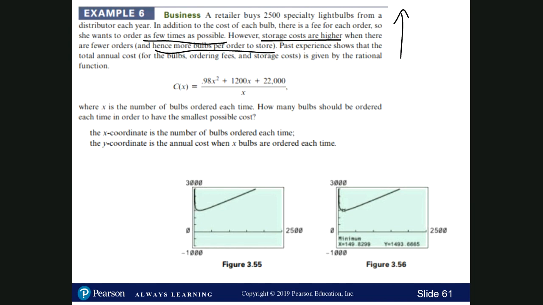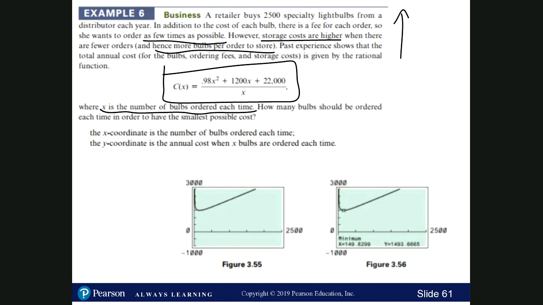Past experience shows that the total annual cost for the bulbs, ordering fees, and storage cost is given by the rational function, and we have it here, where x is the number of bulbs ordered each time. So that is good to know. How many bulbs should be ordered each time in order to have the smallest possible cost?